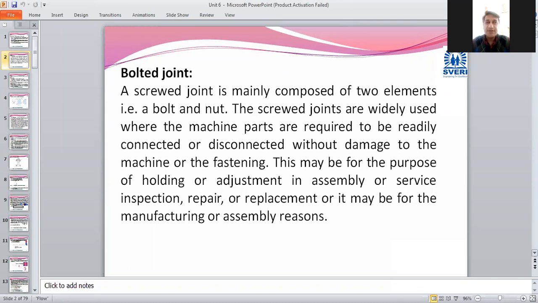And where the frequency of assembly and disassembly is very low, in that case we can prefer welded joints, because those joints permanently create the joint between two different members. Also, they do not need drilled holes in that component, and stress concentration is not going to increase. That's why welded joints are preferred where frequent assembly and disassembly is not required.